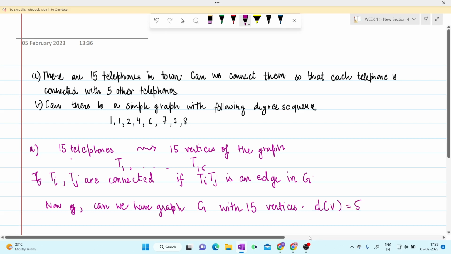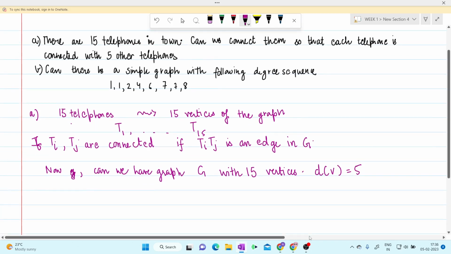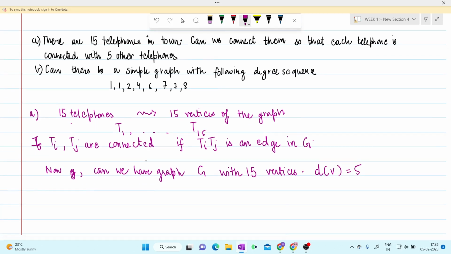So is this possible? A graph with 15 vertices such that the degree of each vertex is 5. Can we have such a graph? No. Okay. Why do you think no? The sum would be 75, which is an odd number.